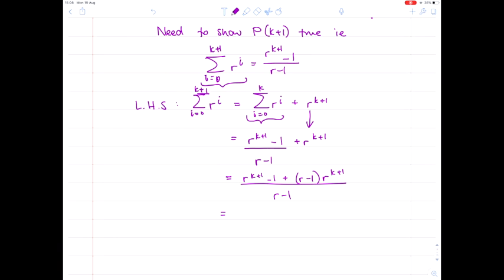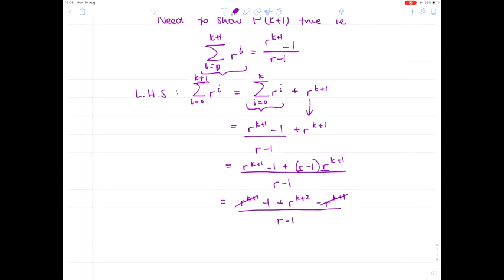And what have we got here? Well, let's just multiply these things out. So I've got an r to the k plus 1 minus 1 plus this r times this r to the k plus 1 will give us an r to the k plus 2 minus r to the k plus 1. So these are going to cancel. This whole thing is over r minus 1.